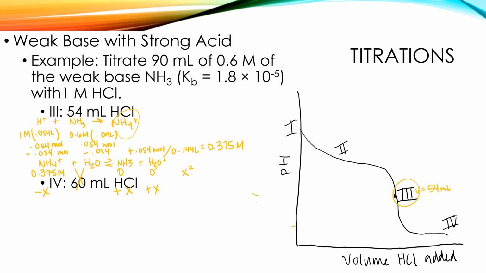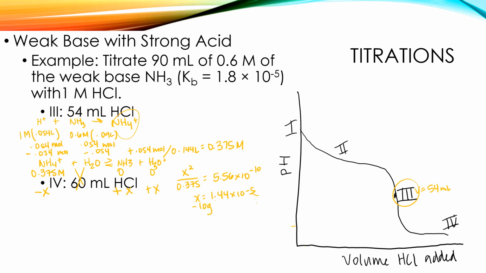Okay, that's better. So x squared over 0.375, we have to set that equal to Ka, which I found on the last slide. So then I get that x equals 1.44 times 10 to the negative 5.